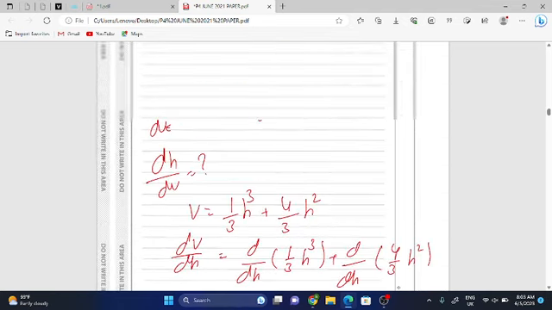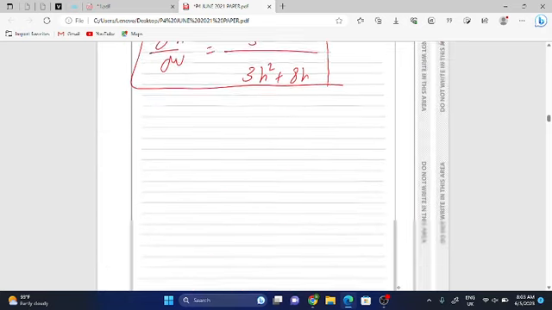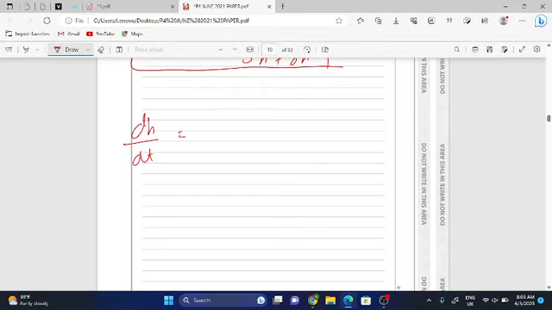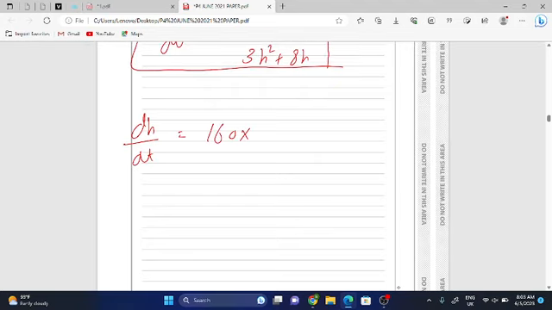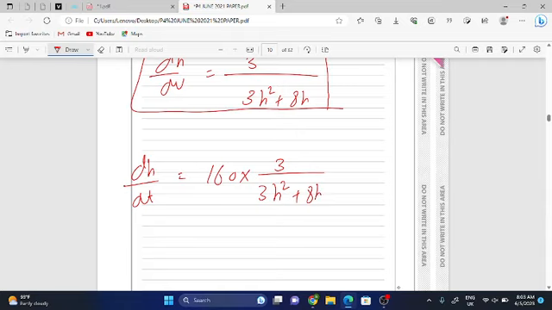Plug back its value over here in this equation number 3. So dH by dt is 160 times dH by dV, that was 3 over 3h square plus 8h.